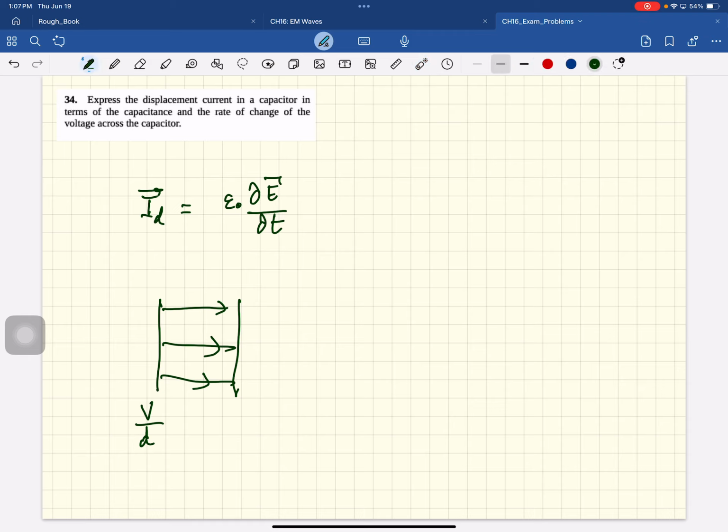So the displacement current, and again the arrow just tells you if the electric field is increasing in this direction, the current is in that direction. So now I'm just going to do magnitudes, equal to epsilon naught del by del t of V over d.